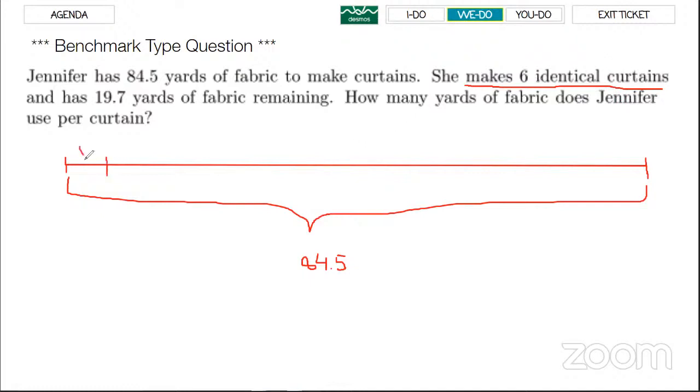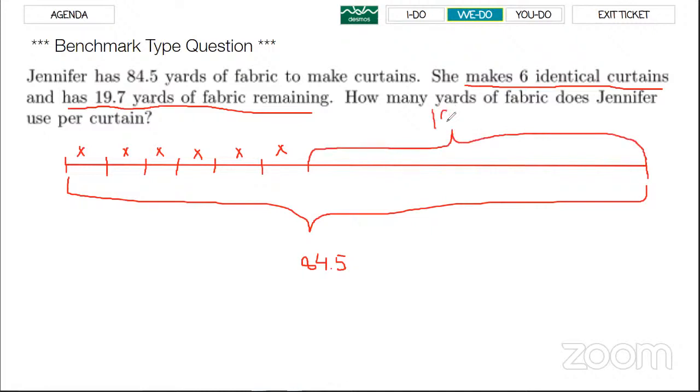Let me cut it like this. This is the first curtain and they're identical, so that's why they have to be equal. Second one, third one, fourth one, fifth one, and this is the sixth one, okay? And it has 17.7 yards of fabric remaining. Remaining means the length of this side.